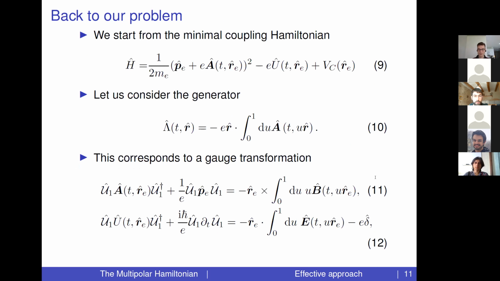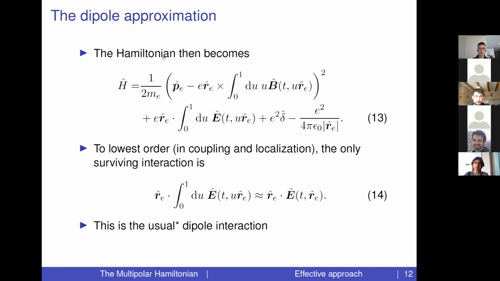So we can rewrite our minimal coupling Hamiltonian in this new gauge. Here we have the term that used to be P plus eA, and here we have what used to be the scalar potential. Now, what are the terms and what are we usually considering? Let's say we want to do a multipolar expansion.